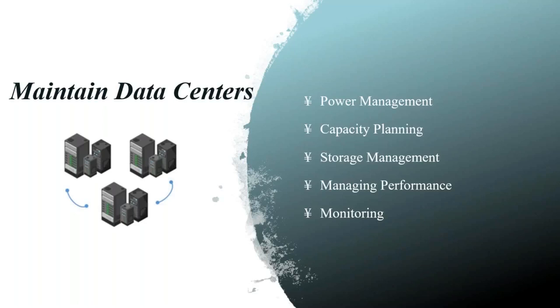And finally, we need to monitor. You need to monitor the servers, the application, the network, the storage, the hardware, everything we need to monitor. All these things need to be taken care of when you go to on-premises. So the first enhancement done is data centers.